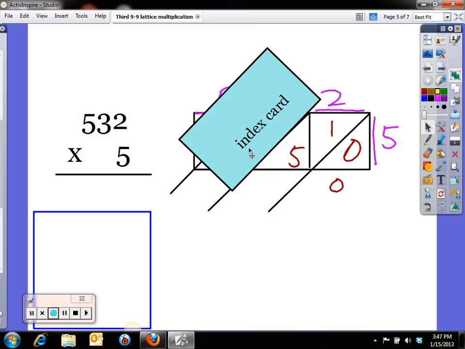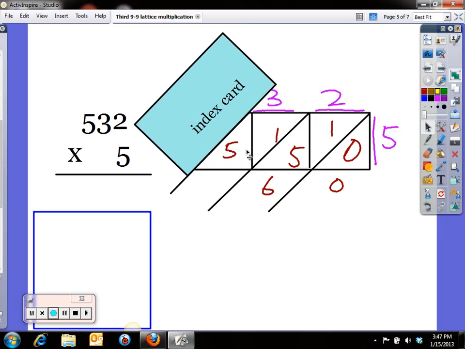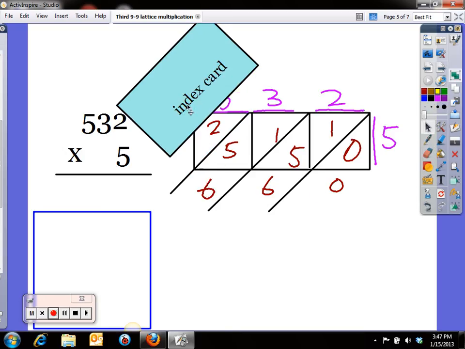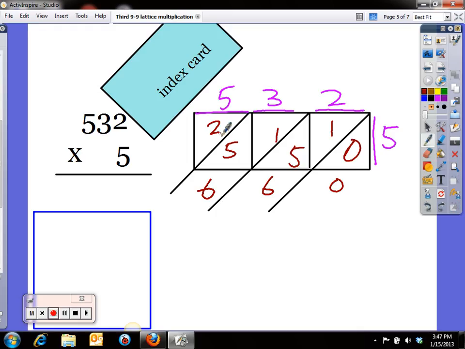Then I'm going to add 1 plus 5 is 6. I'm going to scoot my index card over. And I'm going to add 1 plus 5 is 6. Scoot it over again. Now I'm on my last number. There's just a 2 there, so the 2 comes down. So I read my number starting over here, 2,660. My answer is 2,660.